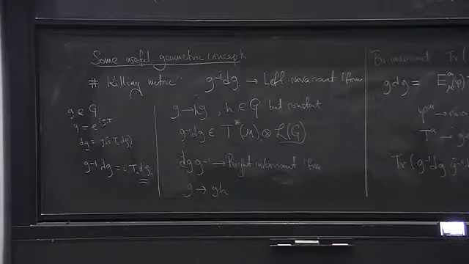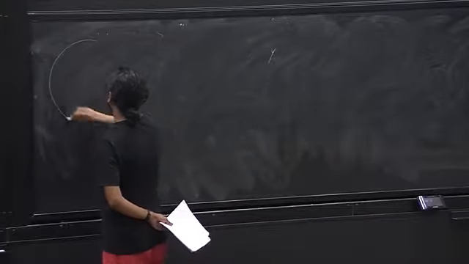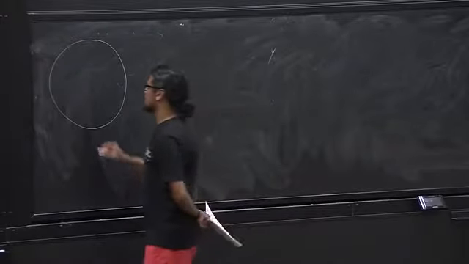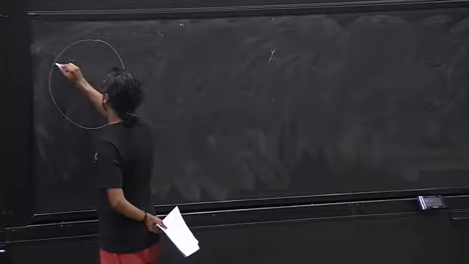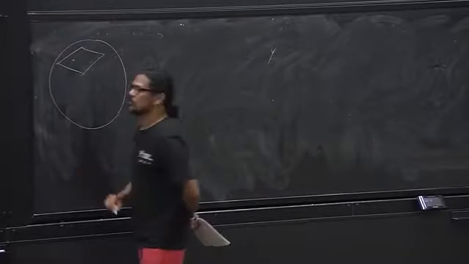So basically, suppose you have some manifold, and you take some point, and you take a tangent space at that point.